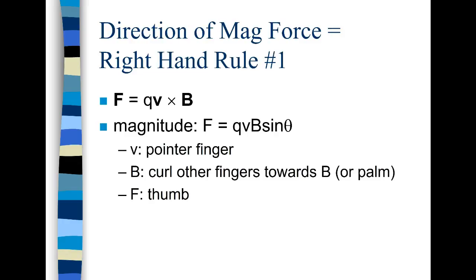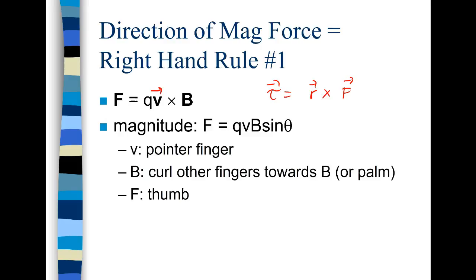Now one last thing, the direction of the magnetic force, because it's a vector. So this is the first of a couple of different right-hand rules. And if you were with us for the first semester and we studied torque together, remember that torque was basically r cross F. And so this is the same format. v, the velocity, is represented by, on your right hand, the direction of your pointer finger.